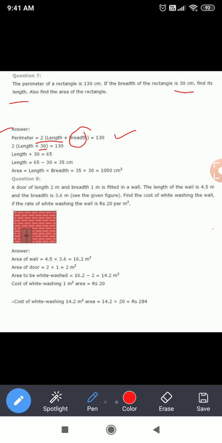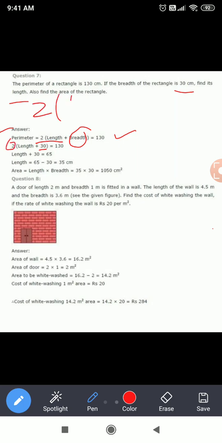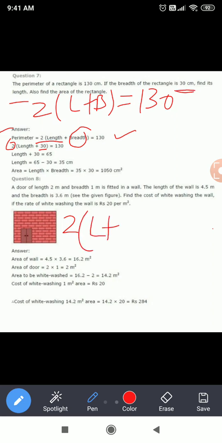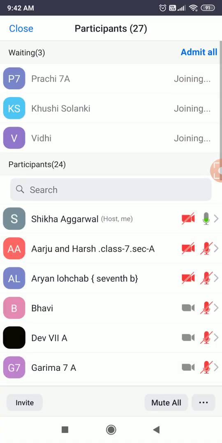See, 2 here is in multiplication. 2 into length plus breadth is equal to 130. Now 2 into length plus breadth is given to us, that is 30, is equal to 130. 2 is in multiplication. After going to the next side, it will be in division. So L plus 30 is equal to 130 divided by 2.